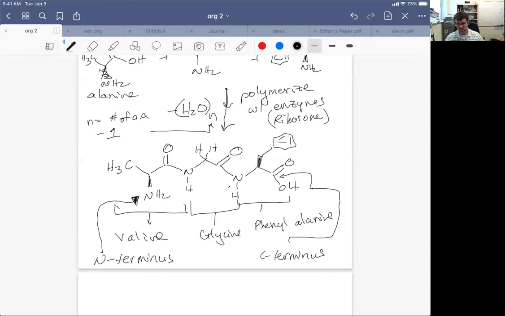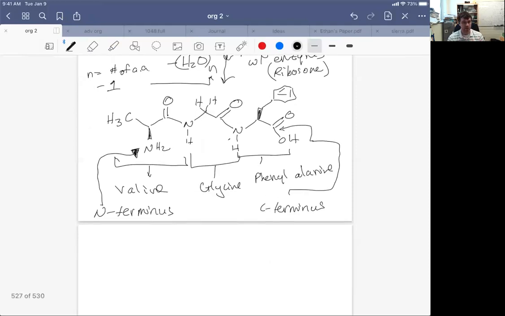Okay, so it's important to note, though, that this reaction, the formation of this polymer, is a complicated reaction that again involves enzymatic machinery. Enzymes are our favorite catalyst, and that's because amino acids typically exist as zwitterions.